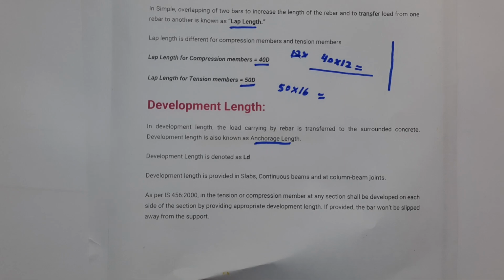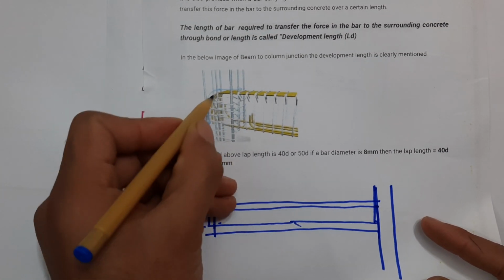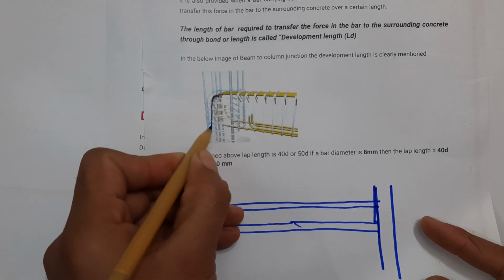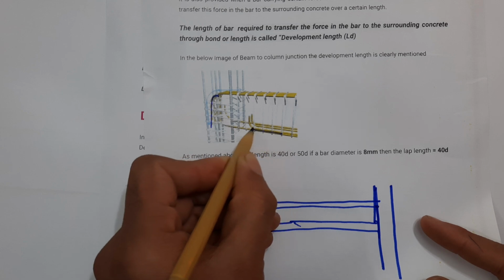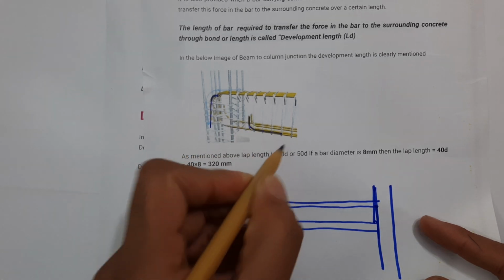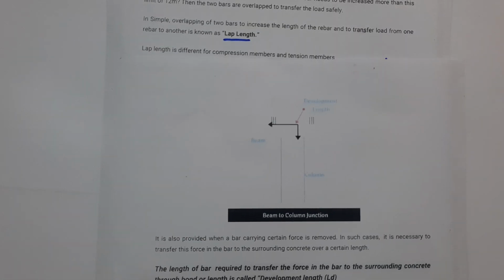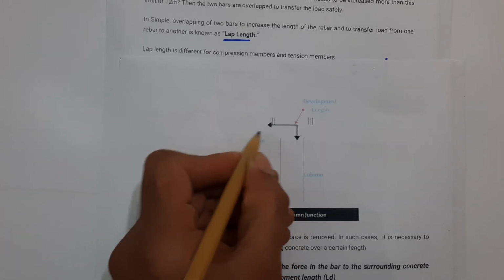As I show you here, guys, you can see this is development length, and the downward bar is going to the upward side, right? Also here you can see this is development length.